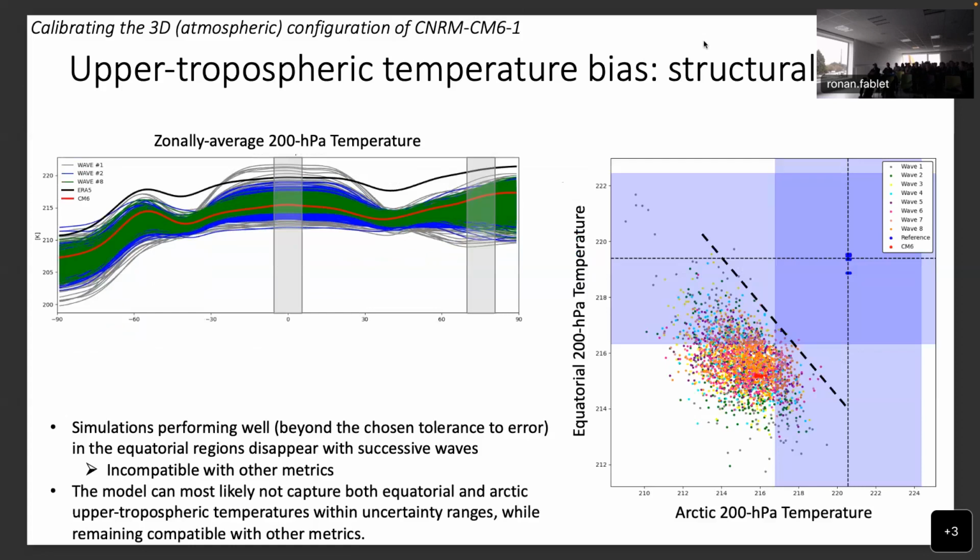And in fact, when we take the mean value of this trend and the mean value of this trend and put them together, with the uncertainties we are putting, we see that most of the points are outside the range, and we cannot get at the same time the temperature in the tropics and in the Arctic, which is likely a structural limit of the model.